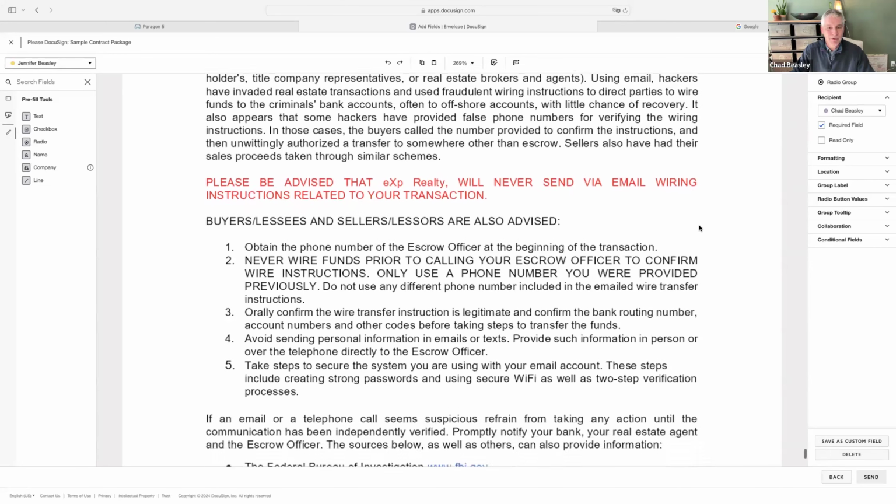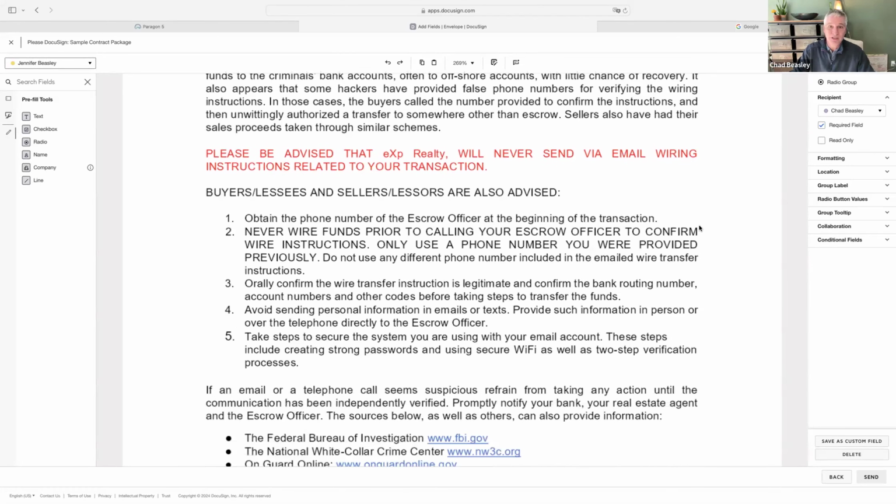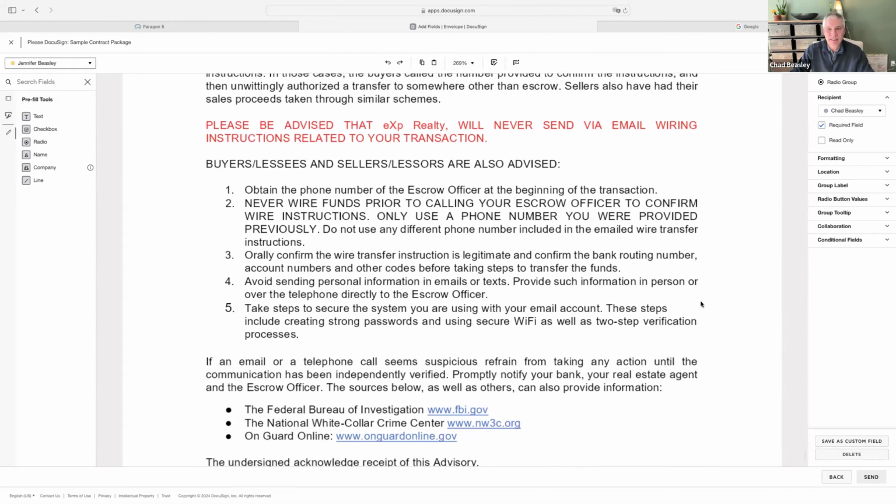So I tell people, if they ever get wiring instructions from me, if they see an email from me with wiring instructions, go ahead and call the FBI, because I'm never going to send you wiring instructions. So it's always a good idea to put them directly in contact by phone with whoever the closing attorney, closing office, or title company is, for them to talk to them directly and get those wiring instructions.